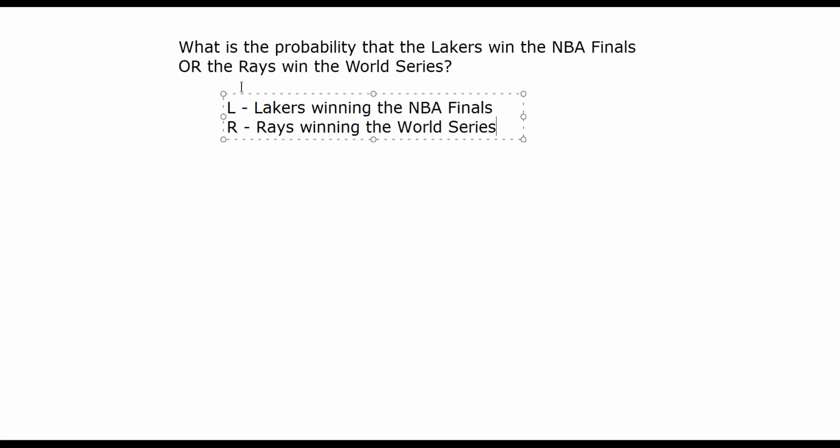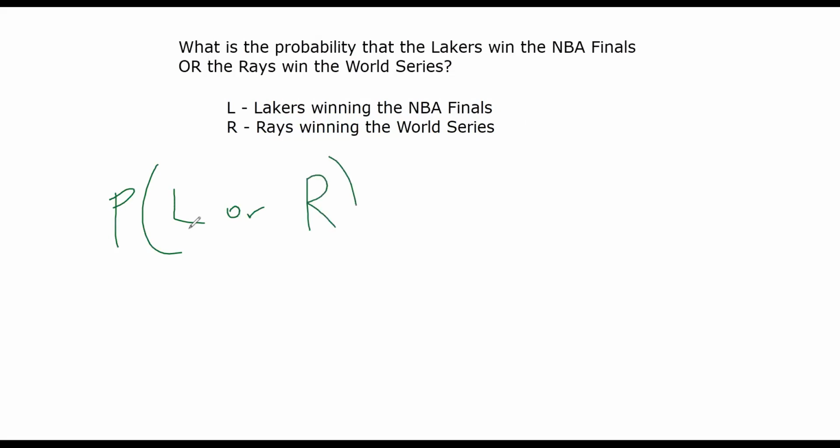So then you could frame your question here. What is the probability that the Lakers win the NBA Finals or the Rays win the World Series? The way you can rewrite that is, what is the probability of L, Lakers winning the Finals, or R, the Rays winning the World Series? And it doesn't matter what our opinions of each of those are.